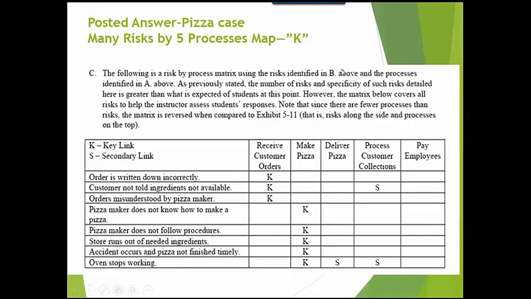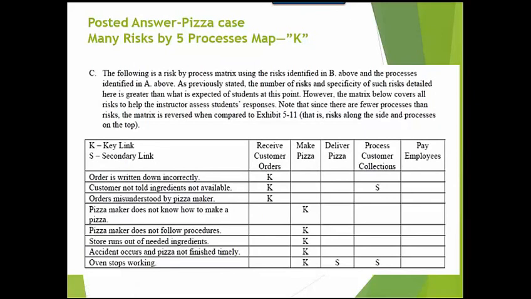Customer not told the ingredients are not available, so they order pepperoni. We agree to do pepperoni, but guess what? We don't have pepperoni. Okay, so that's a key risk. Order misunderstood by the pizza maker, key risk. But you notice here, from a process customer collection perspective, the ingredients are not available. Well, why are the ingredients not available?